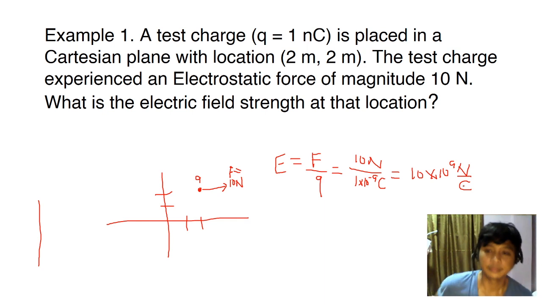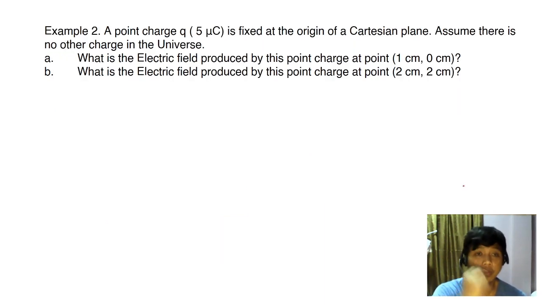Okay. How about this? A point charge Q equal to 5 microcoulombs is fixed at the origin of a Cartesian plane. Assume that there is no other charge in the universe. What is the electric field produced by this point charge at point (1, 0)?